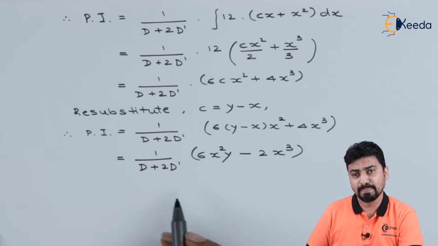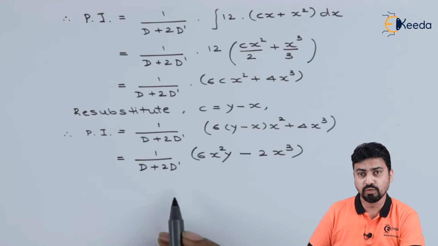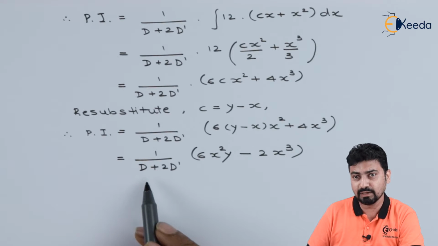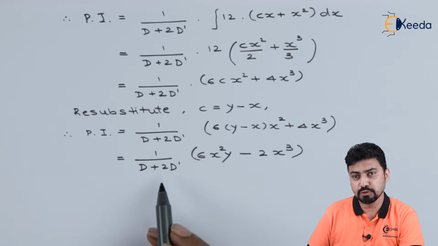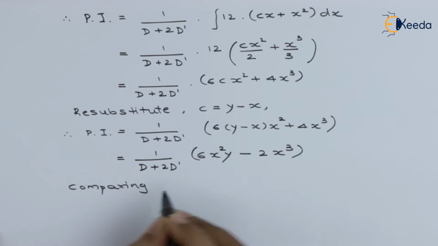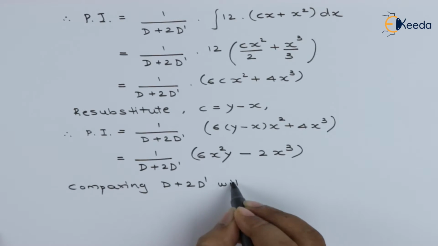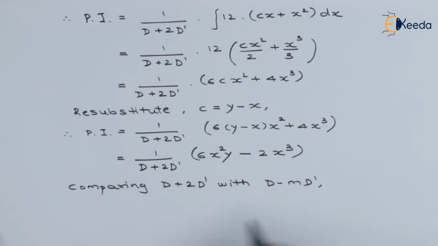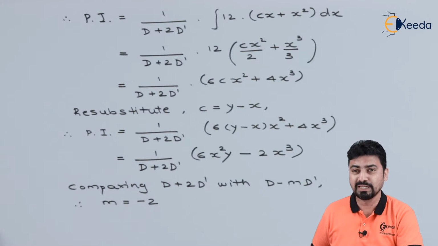This is after applying the first linear factor. Now we will be applying the second linear factor, which is d plus 2d dash. So let us compare this with d minus m d dash. We get m as equal to minus 2.